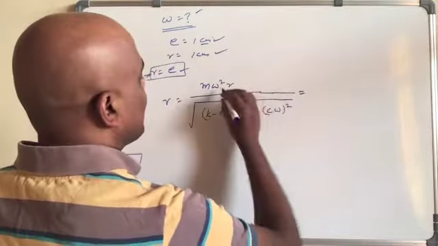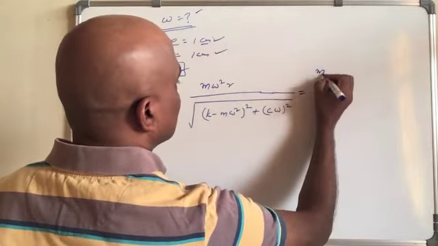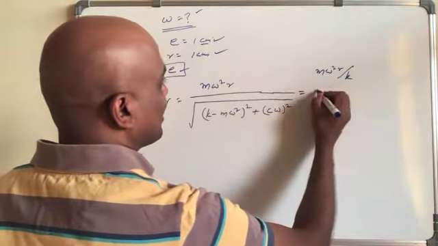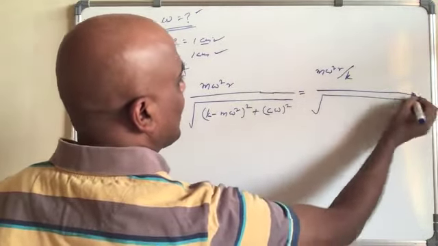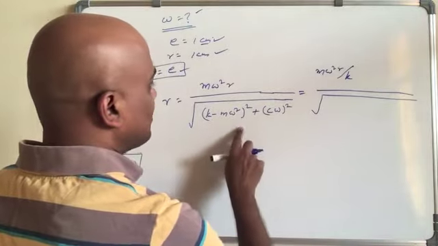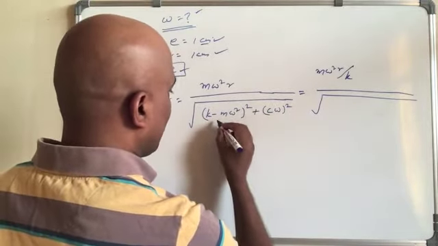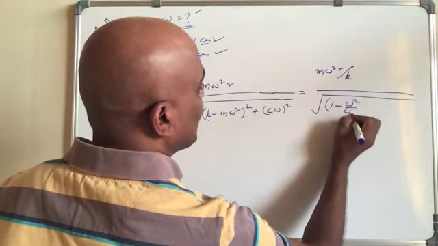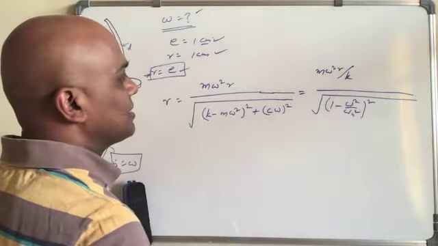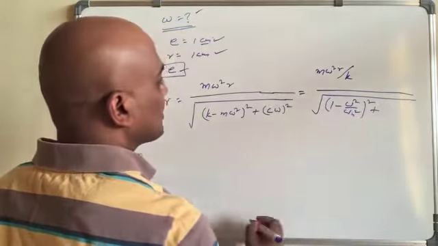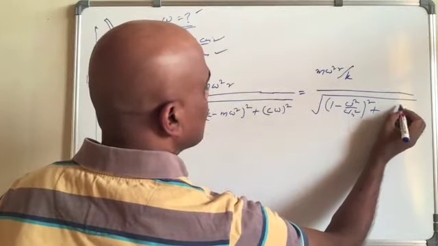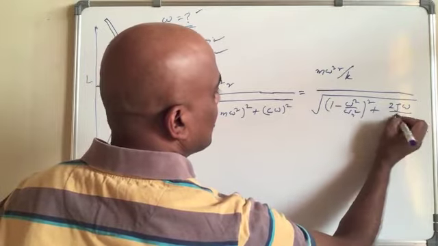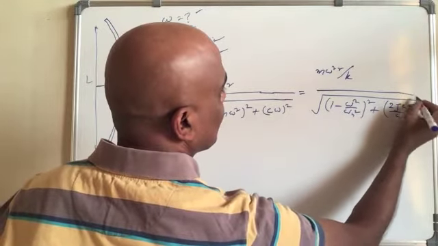So this is the same as you can also write m omega square r, force divided by k, as we did earlier, divided by root, and then the terms will be similar to earlier, and the value will be 1 minus omega square over omega n square, plus you get c, 2 zeta omega over omega n square.